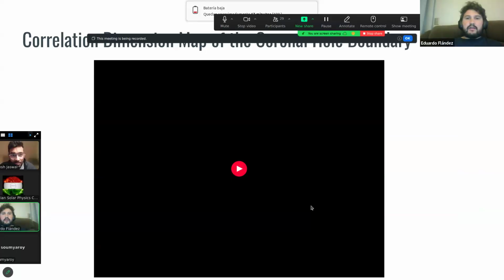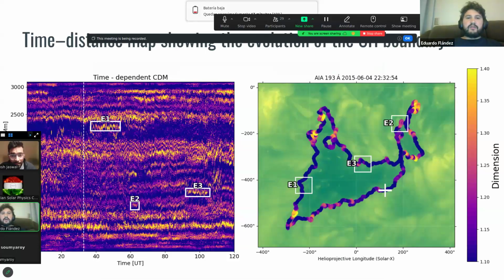Fractal dimension is about analysis for 2 hours. For each pixel of the coronal hole boundary, we calculate the fractal dimension. Each color indicates the fractal dimension. So we have 2 hours of observation.